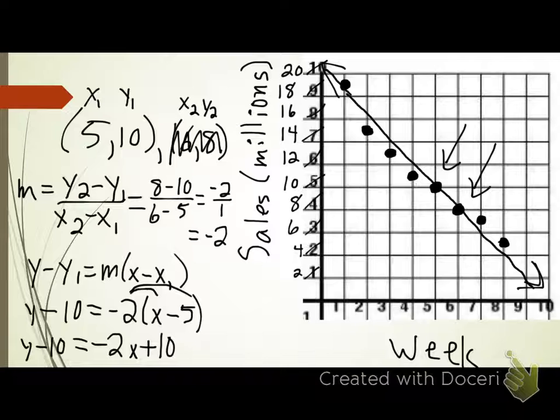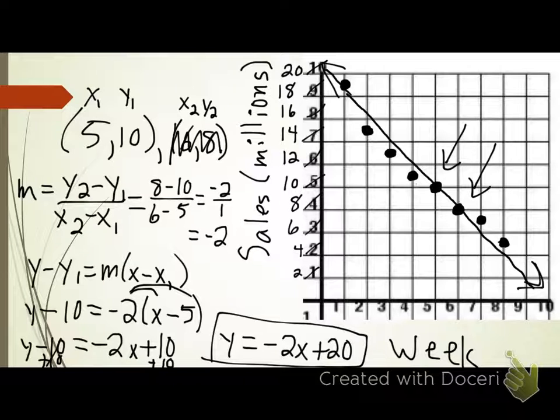And how do I get y by itself? Add 10 to both sides. So I get y equals -2x. What's 10 plus 10? Plus 20. So here is my equation of my line of fit for my whole data set. Does everyone see how we got that? Any questions? Okay.